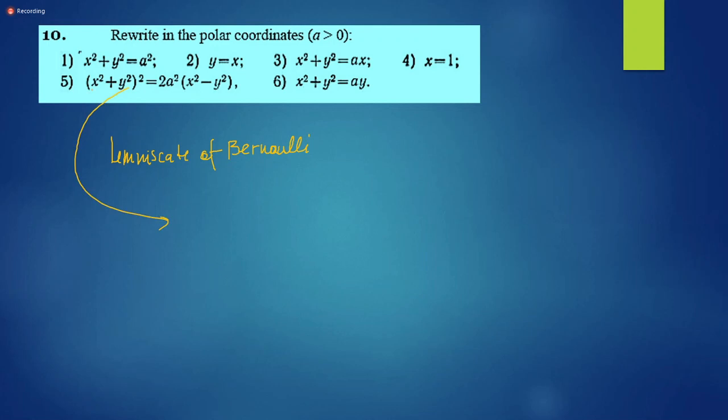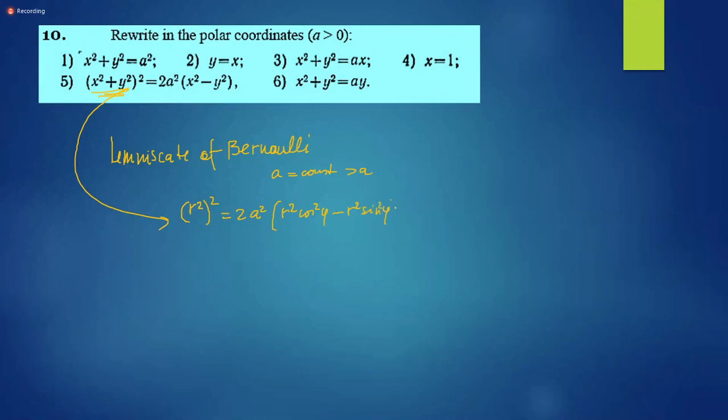So x squared plus y squared, we already hopefully remember, is r squared, and then squared, and then we have 2a squared. We are assuming that a is a constant, and let's take it positive. And here we have x squared minus y squared, that is r squared cosine squared phi minus r squared sine squared phi.